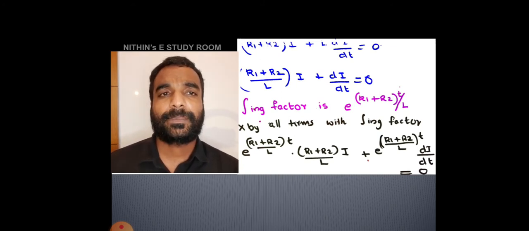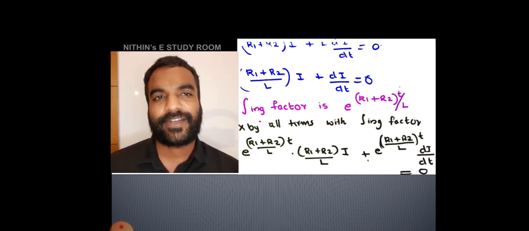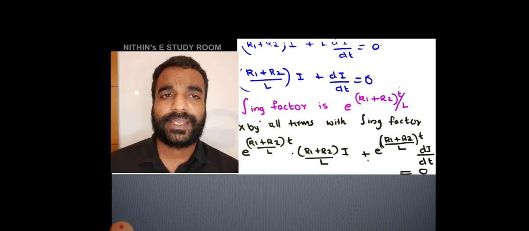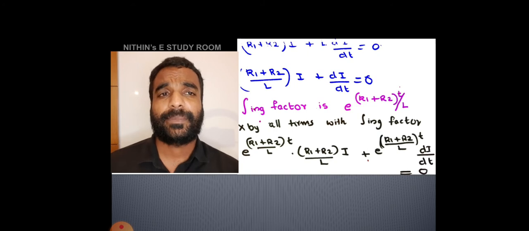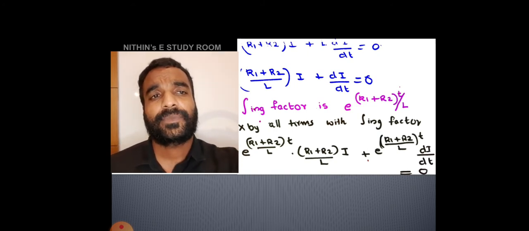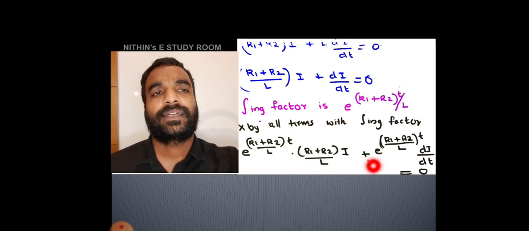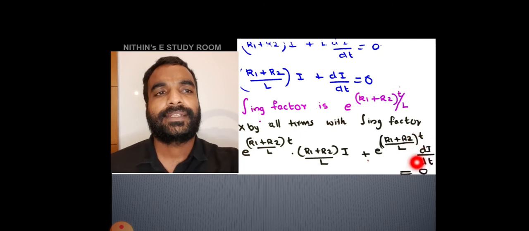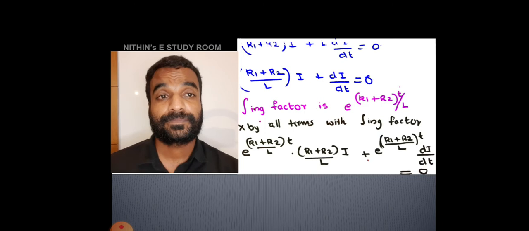So now we are multiplying all terms with the integrating factor: e raised to R1 plus R2 by L into t, into the first term R1 plus R2 by L into I, the term already existing there, plus again the integrating factor e raised to R1 plus R2 by L into t into di by dt, that is equal to 0.